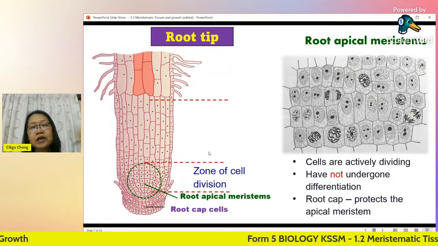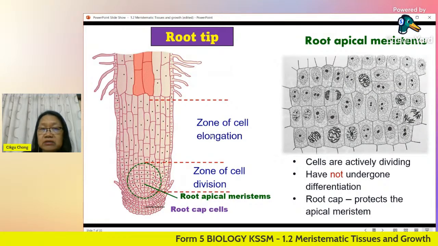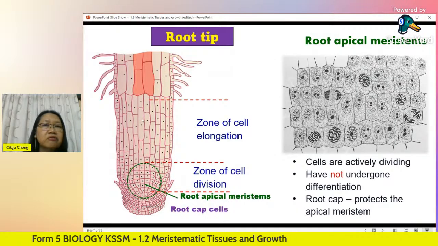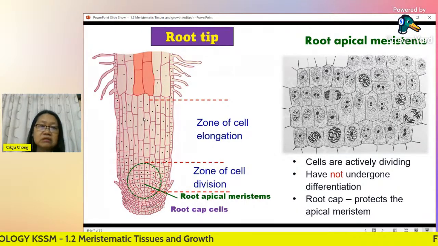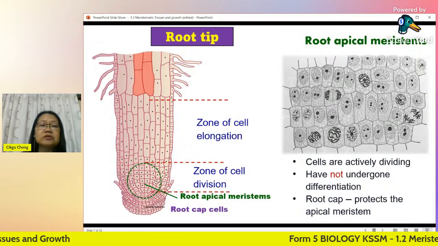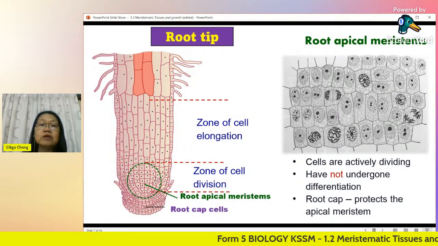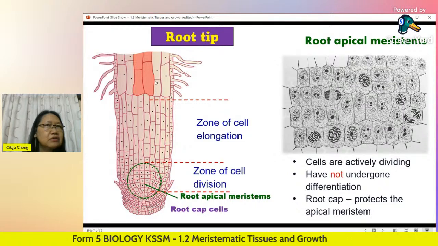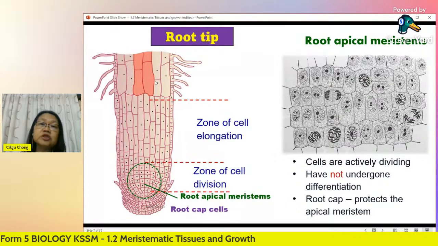Further up, you will have the zone of cell elongation. You can see very clearly that these cells are rectangular in shape. They're longer and bigger compared to the cells in the zone of cell division. And further up, you will see that these cells have taken on different roles, different jobs.